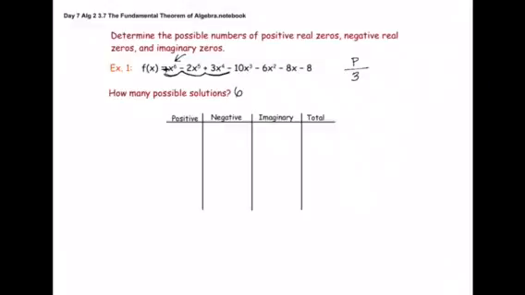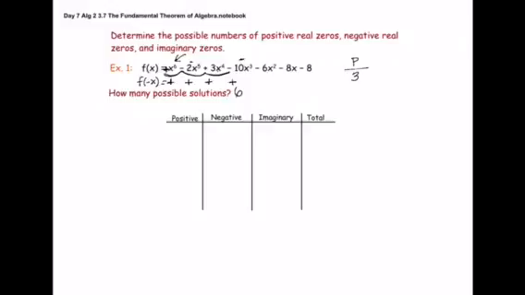Negative sign changes: if we plug in f of negative x and evaluate that for our function, a negative to the 6th power will remain a positive. Negative to the 5th power will be a negative, and a negative times a negative gives us a positive. A negative raised to the 4th power will remain a positive. A negative raised to the 3rd power will be a negative, but a negative times a negative is a positive.